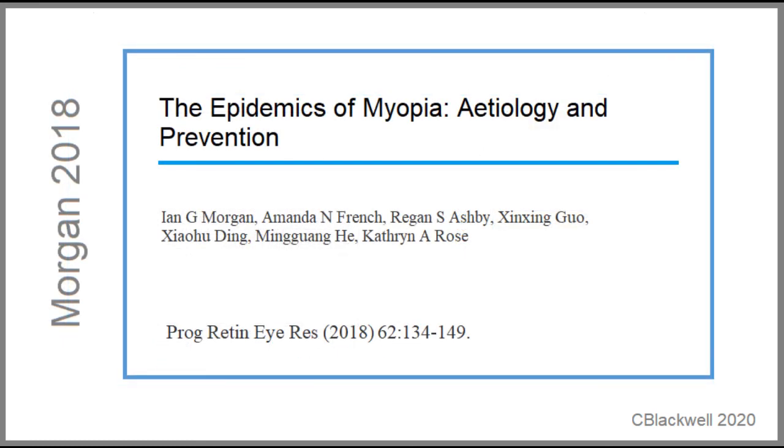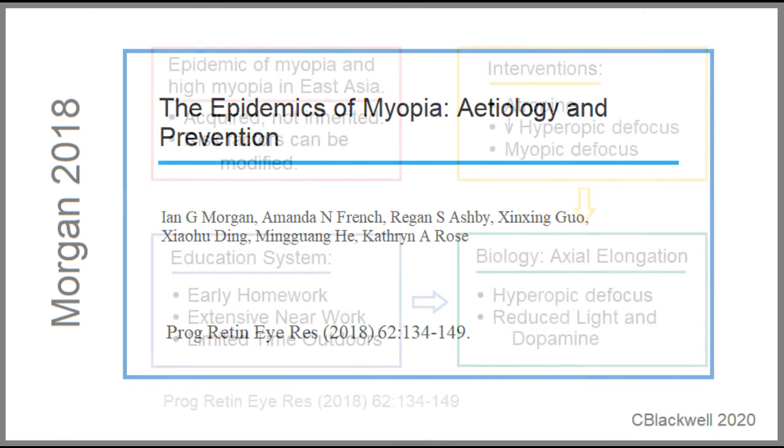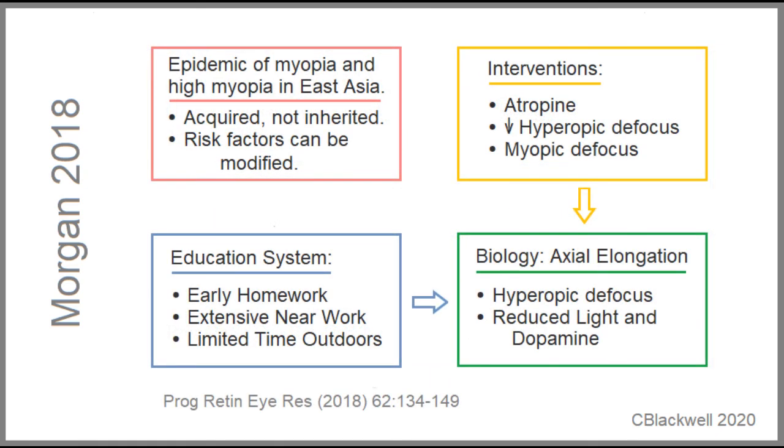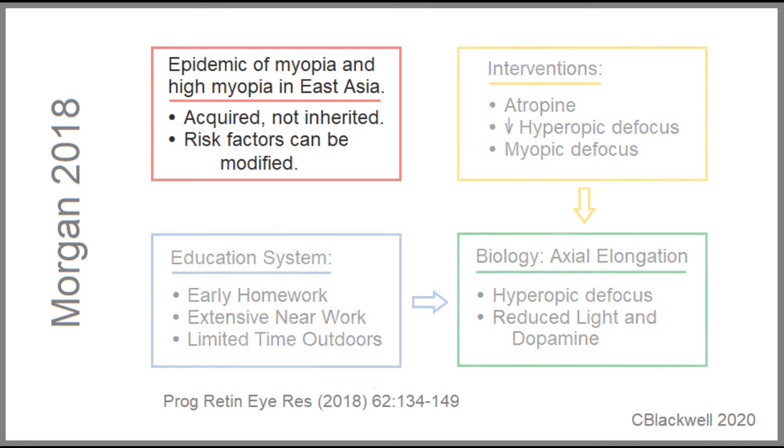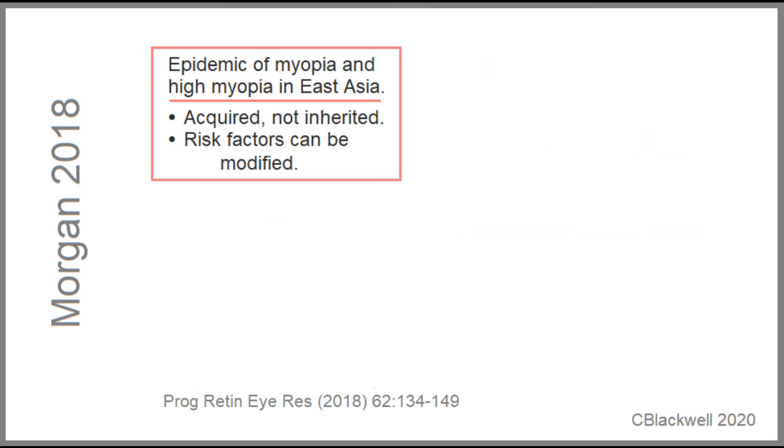For a broad view, we return to the 2018 Morgan Review of Myopia Causes. Note the assembly of all-star authors. Here is how these authors analyze the world increase in myopia. There is an epidemic of myopia in Asia with attendant high myopia. High myopia having potential sight-threatening consequences.